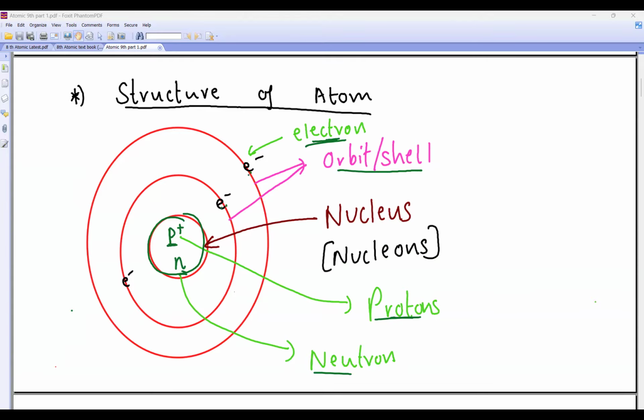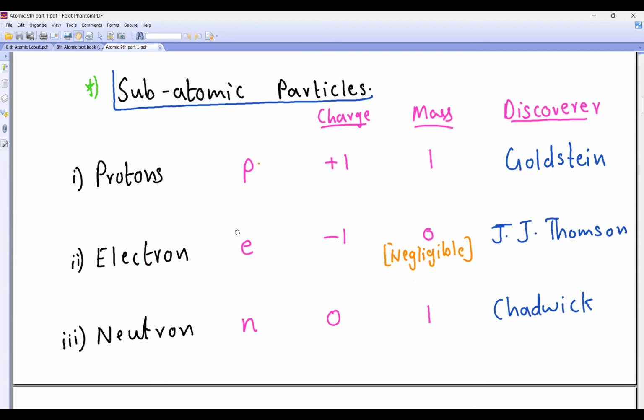Electron is negatively charged. Protons and neutrons together are known as nucleons. Proton is written as P, electron E, neutron N. Charge on proton is +1, on electron -1, neutron no charge. Proton and neutron have mass of 1. Electron has negligible mass. Proton was discovered by Goldstein, electron by J.J. Thomson, and neutron by Chadwick.